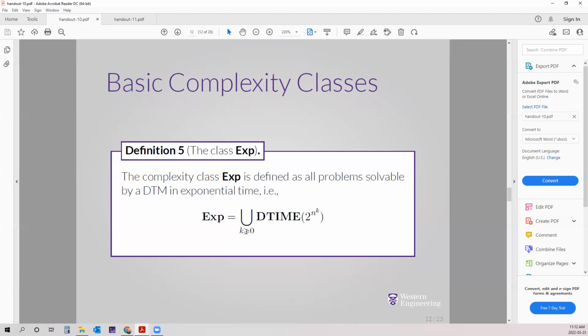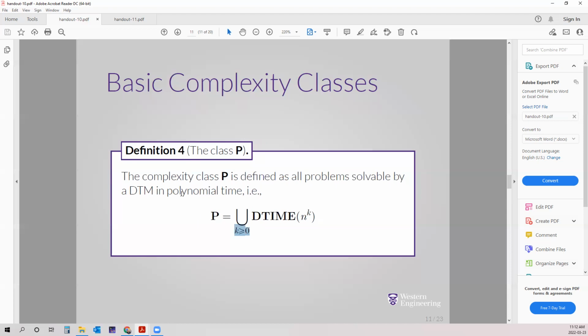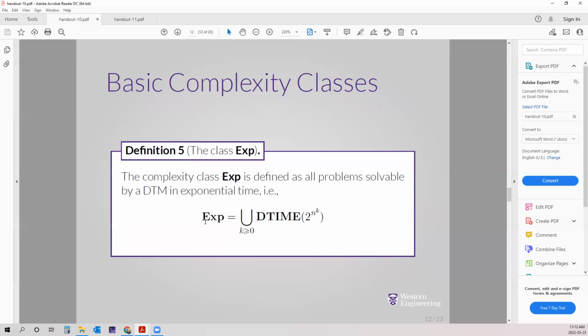The complexity class EXP is defined as all problems solvable by a deterministic Turing machine in exponential time. P stands for polynomial time and EXP for exponential time, like an abbreviation of the class. It is the union of all problems solvable by a deterministic Turing machine in exponential time, 2 to the power n to the power k.